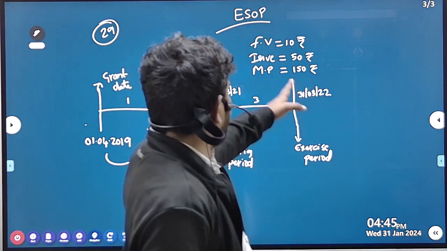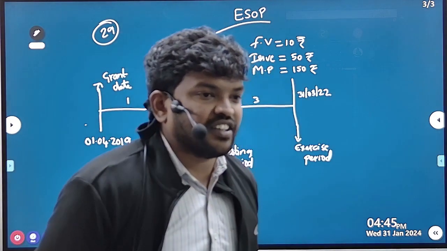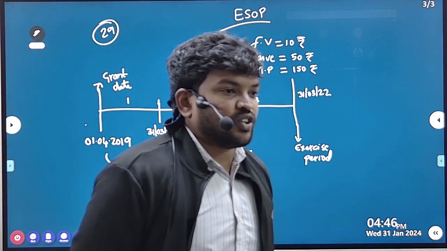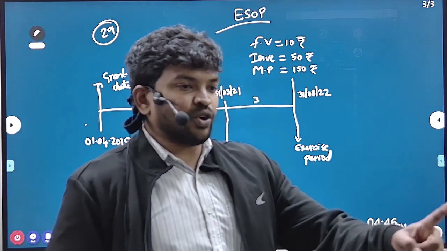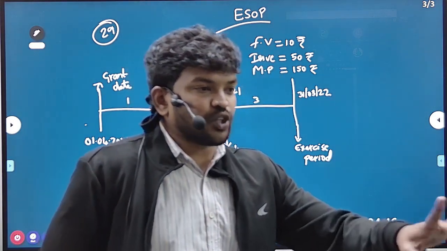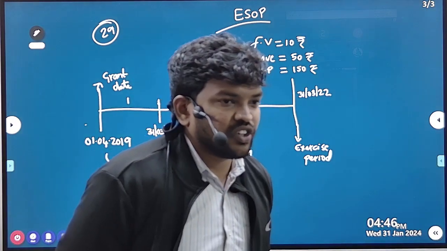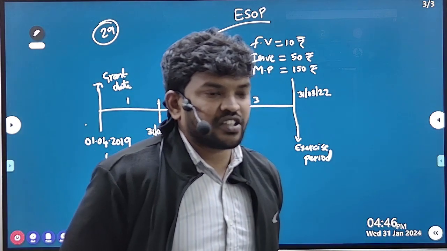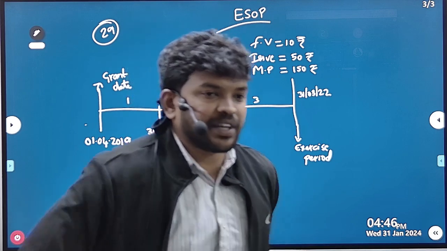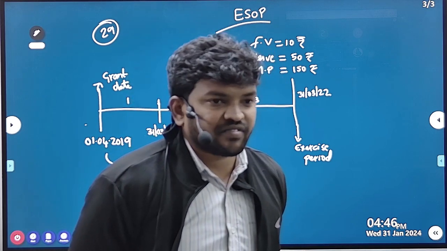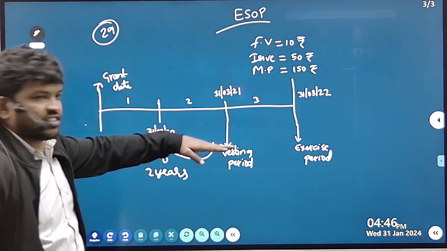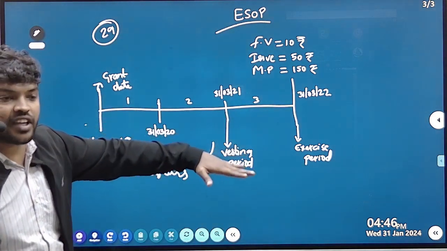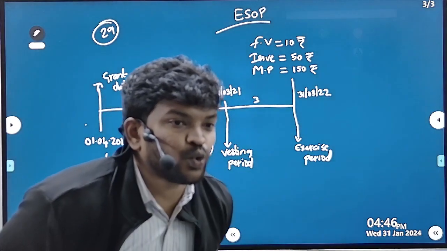2000 into 100 rupees कितना है? 2000 into 100 rupees. 2000 into 10 होने से 20,000, 100 होने से 2 lakhs. Yes or no? 2 lakhs. 2 lakhs loss है कंपनी का. Yes or no? 2 lakhs loss is for how many years? वेस्टिंग पीरियड का कितना पीरियड है? 2 years का है.